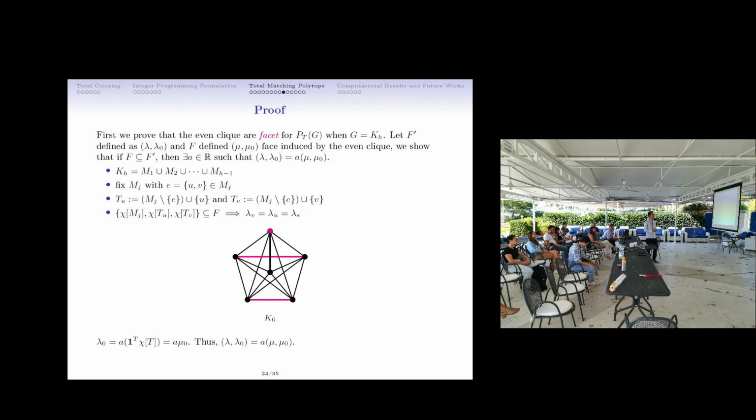And since the cardinality of that total matching does not change, they are contained in the face F. So the cost coefficients of these endpoints here and the edge itself are the same. And since we can consider only perfect matchings that touch all the vertices, all the cost coefficients for that graph here are the same.